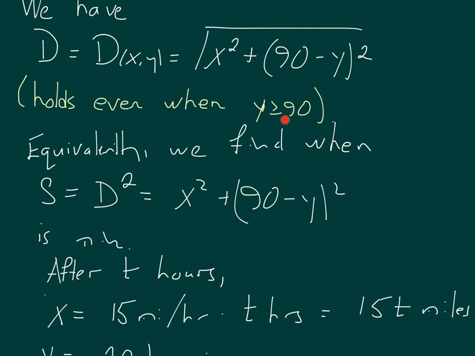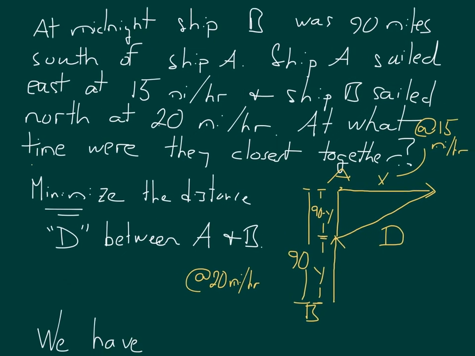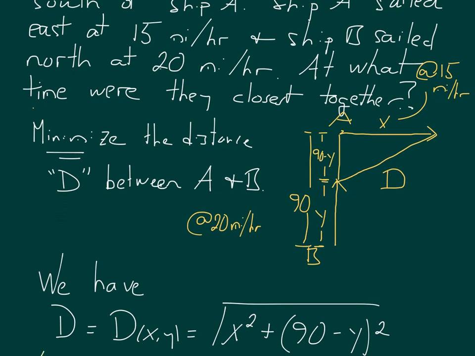So we can now answer our question. Our question was, remember, coming up here, there it is, at what time were the two ships closest together? We can now say that when time t is 72 over 25 hours, the two ships are closest together.